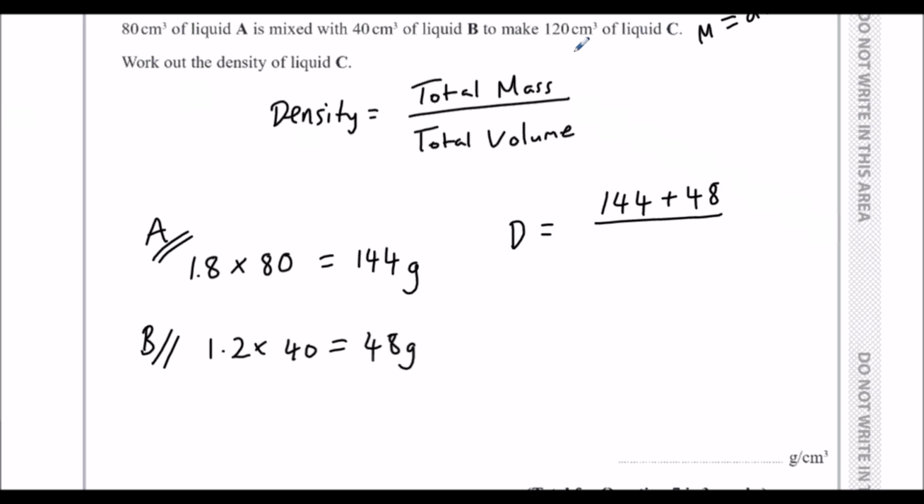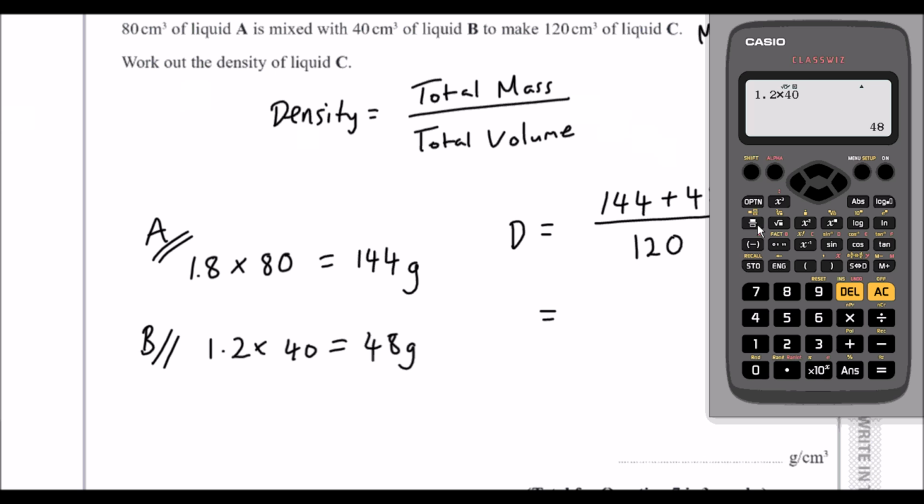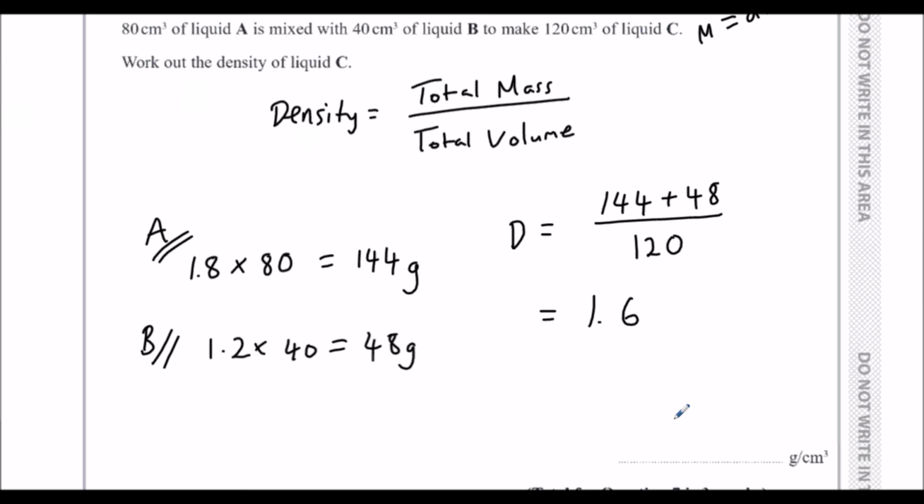And the total volume is 80 plus 40, which is 120. So the density is, if we just type this in, 144 plus 48 divided by 120, and that is 1.6. So 1.6 grams per centimeter cubed.